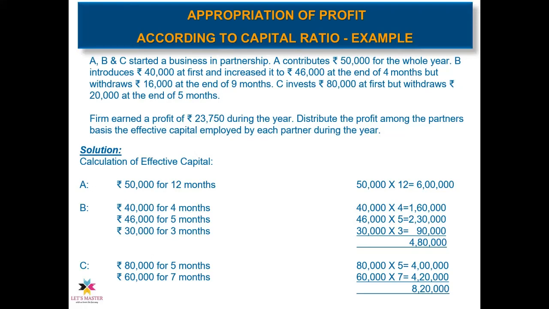For C, in the first 5 months of the accounting period, the capital employed was 80,000, and for the last 7 months, the capital employed by C in the business was 60,000. So we have multiplied 80,000 and 60,000 by 5 and 7 respectively to get the products.